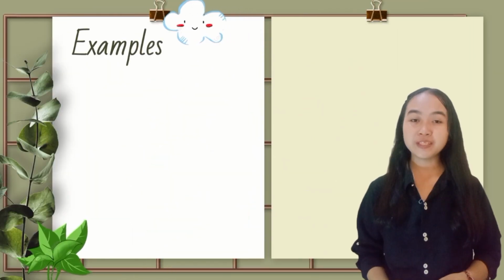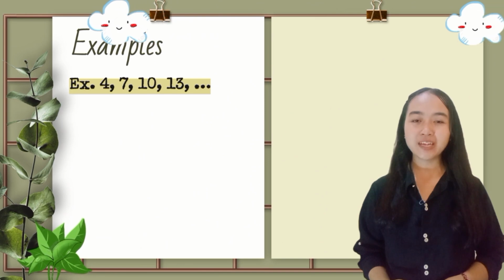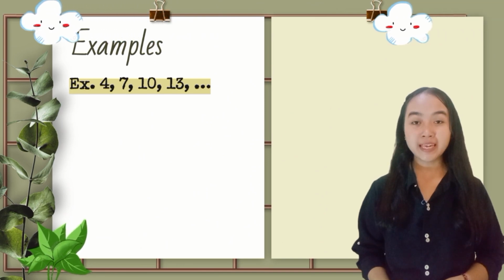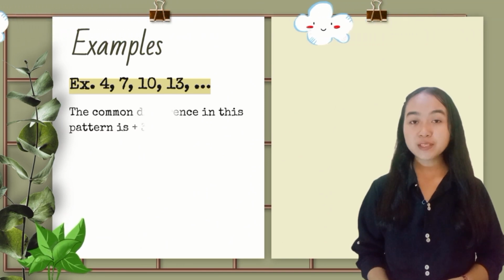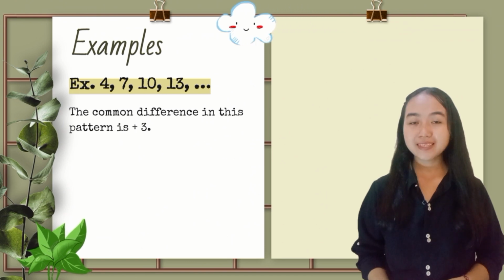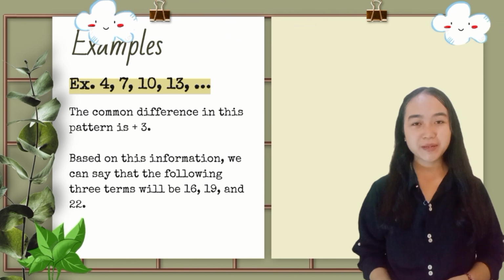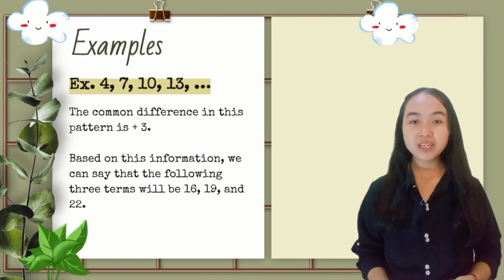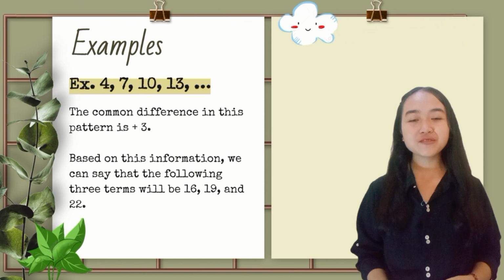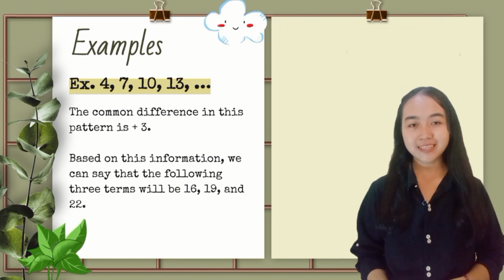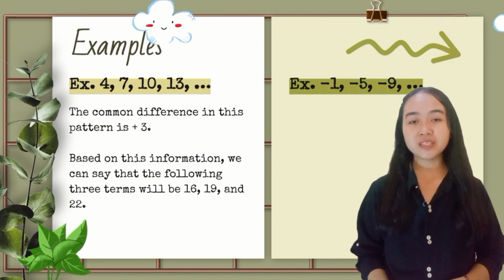Let's see another example of an arithmetic sequence. The first example is 4, 7, 10, 13. The common difference in this problem is positive 3. Based on this information, we can say that the following 3 terms will be 16, 19, and 22.